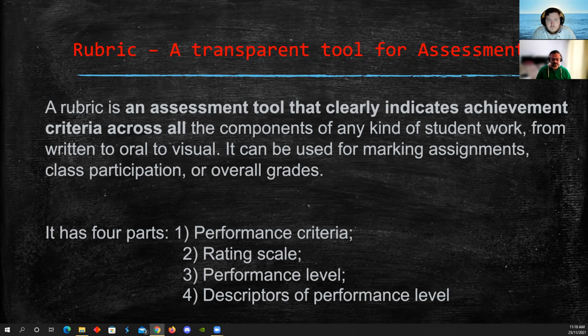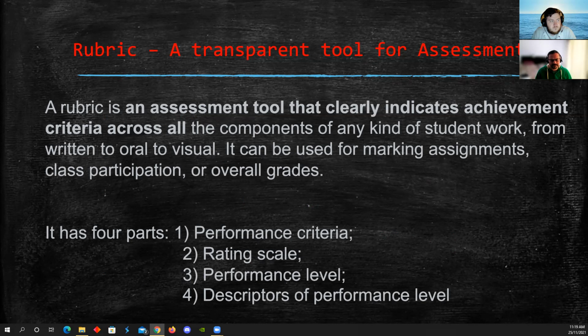So as a student, how is that important to you? You know what you need to do and what is expected of you to get a good grade. If somebody is aiming for grade A, he or she can see the criteria.